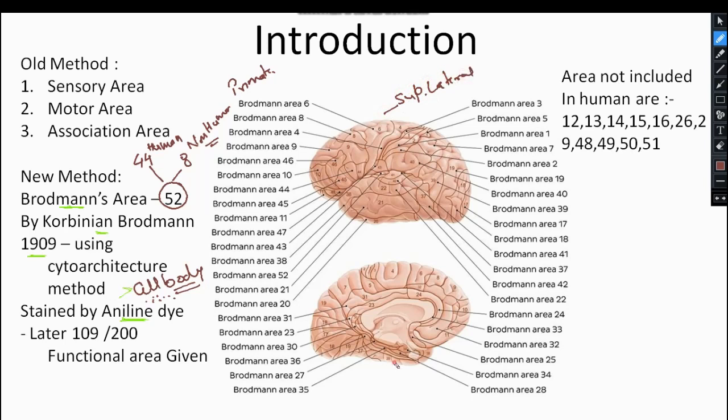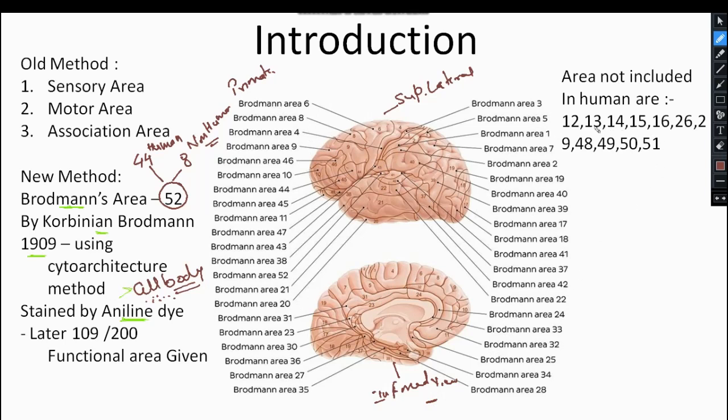And this one is an inferior medial view. So here you can clearly see all these areas, and all these areas have been given numbers. You can see numbers 6, 4, 44, 47, 38. Similarly in this inferior medial view.